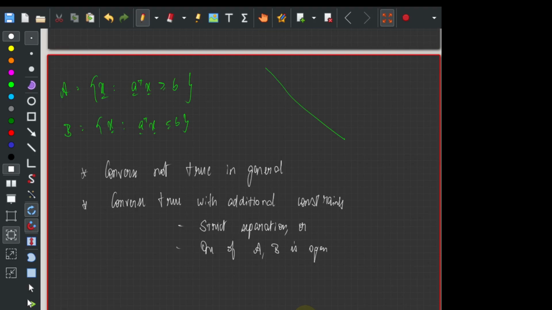Just like you have separating hyperplanes, for a given set, you can also define what is called a supporting hyperplane. The supporting hyperplane kind of generalizes the notion of the tangent to a particular curve or the tangent for a particular set.